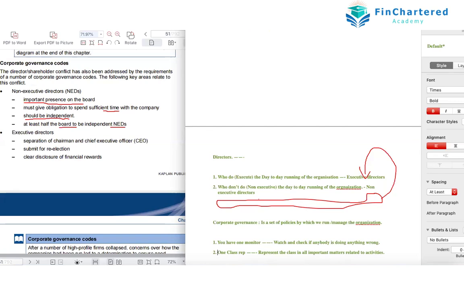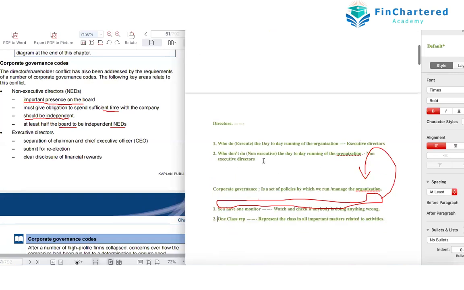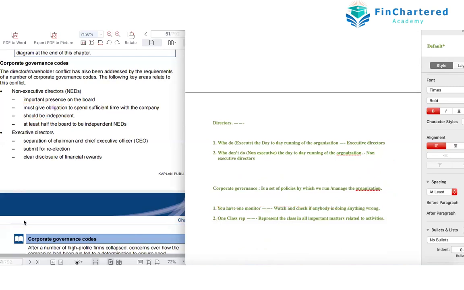right? Now, if it is two people, it is good. If monitor and rep is one single person, what will happen? Monitor and class rep is one single person. Yes, there is workload. What else? See, monitor is also powerful.